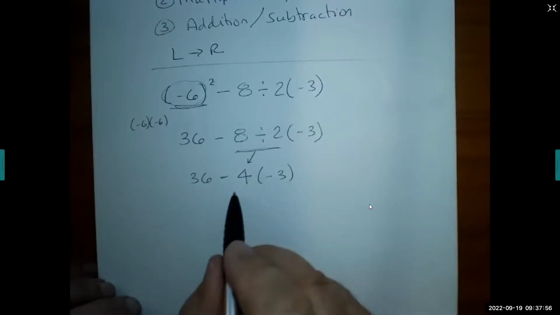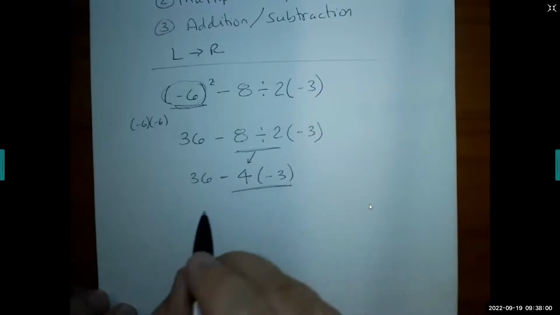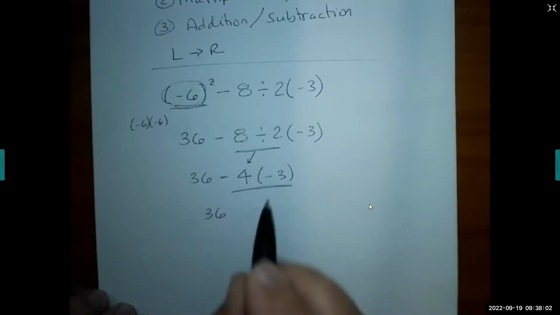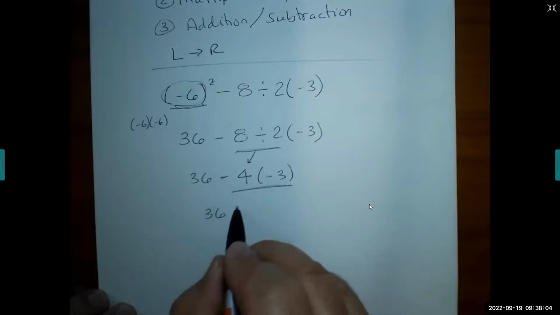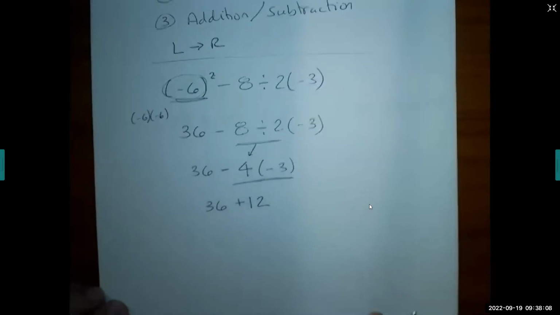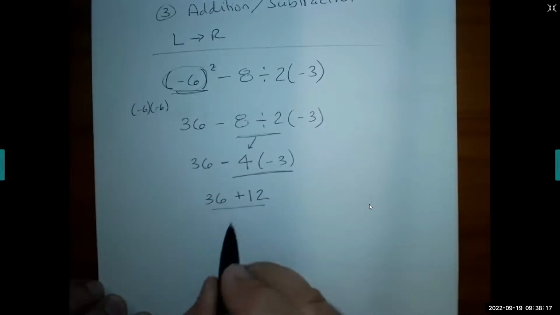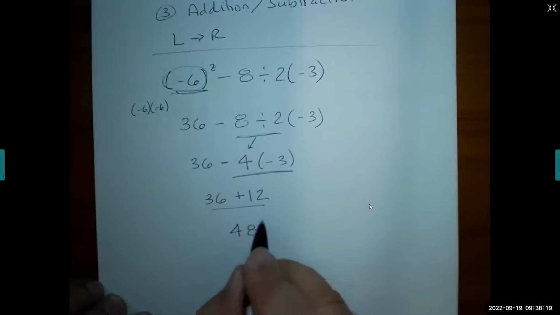Multiplication, division, yes, multiplication's right here. So negative times negative is a positive. 4 times 3 is 12. No special operations, no multiplication, division. So I just add 36 plus 12 is 48.